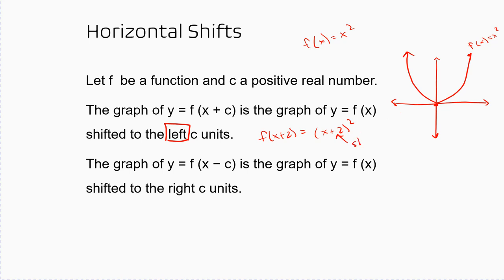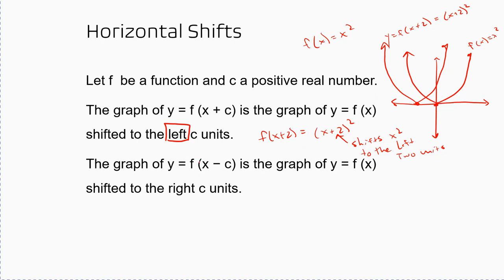So this shifts x squared to the left 2 units. So it's going to be the same graph here. So this is my y is equal to f of x plus 2. So this is x plus 2 squared.